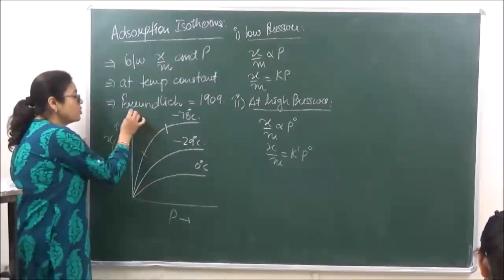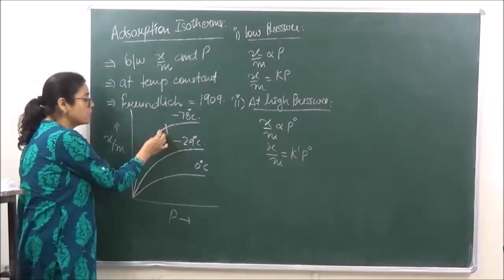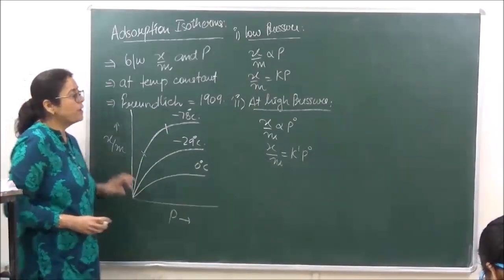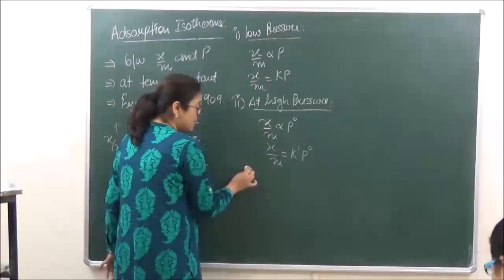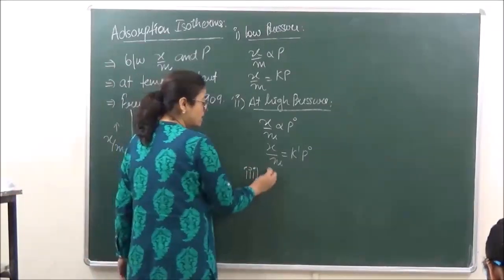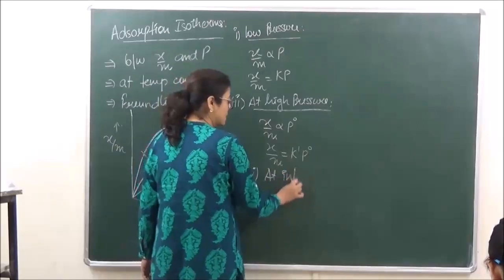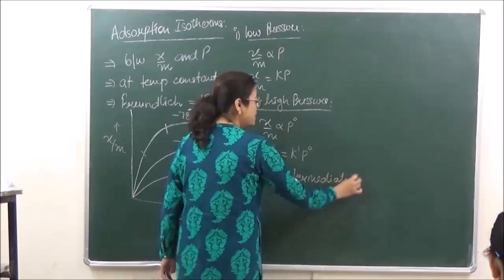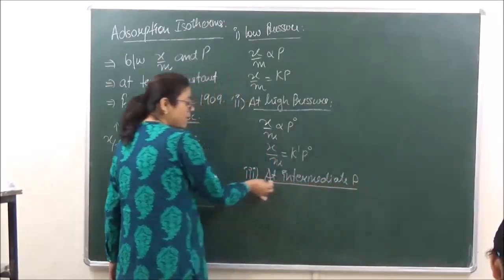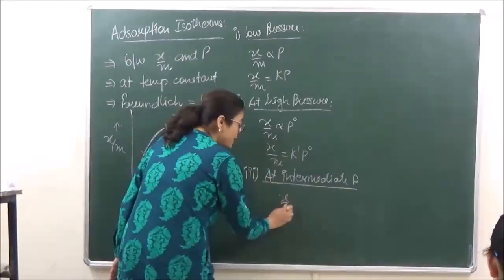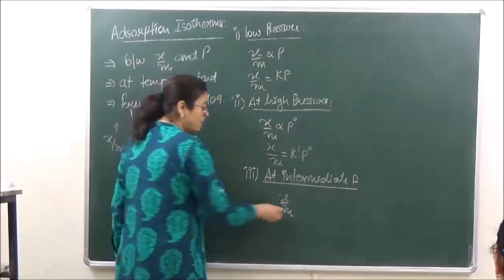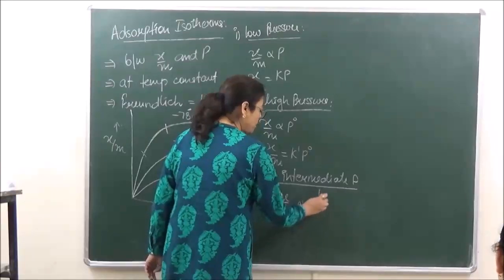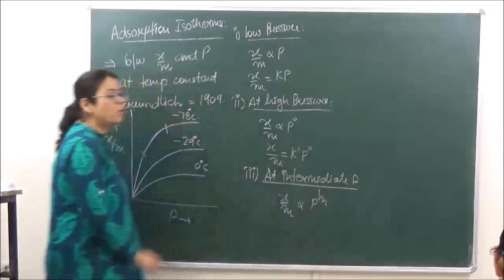The best expression, or the most favorable expression given by Freundlich, was at intermediate pressure. So when we are looking at the expression at intermediate pressure, it is related as x upon m is directly proportional to p raised to power 1 by n.